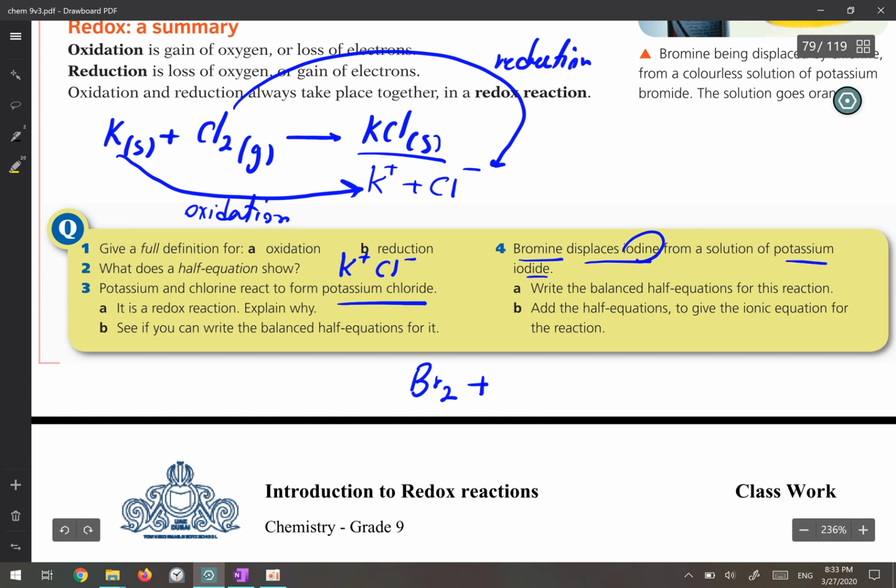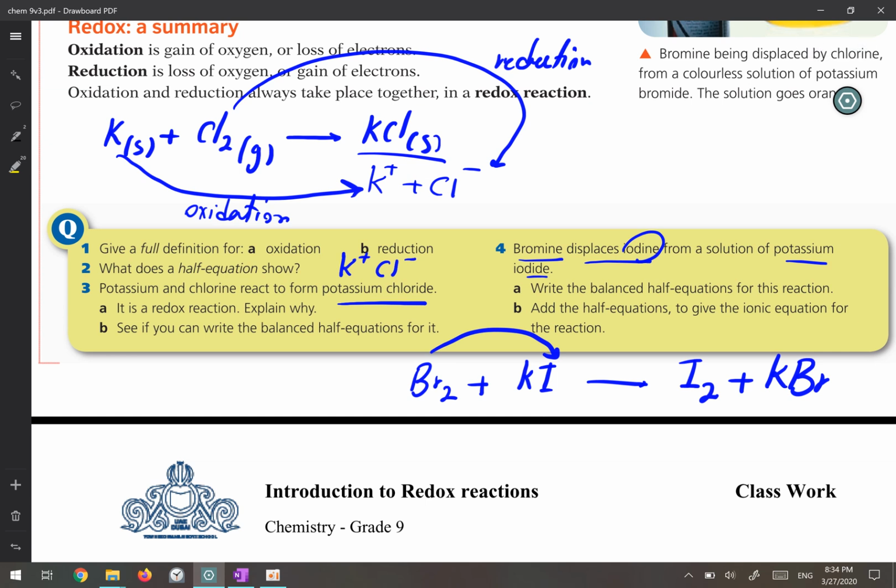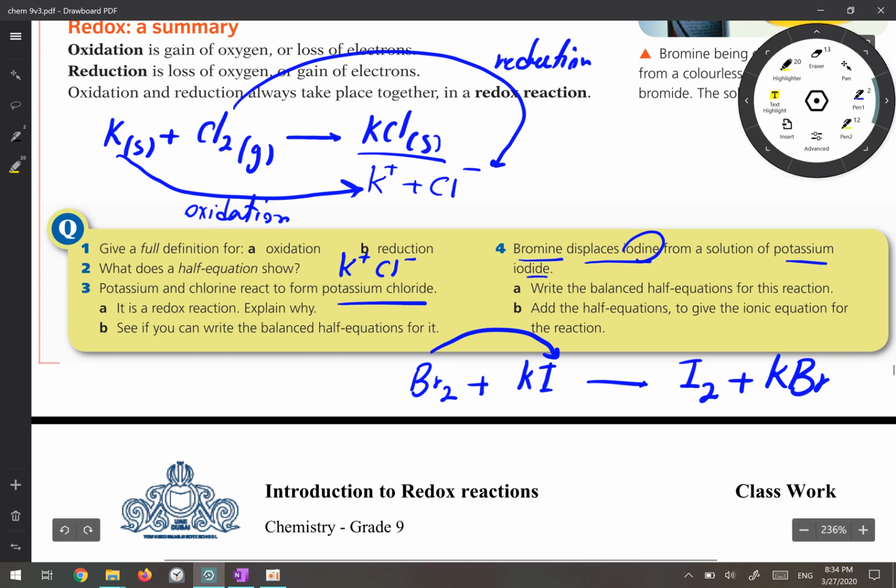So you have a solution of potassium iodide. The bromine displaces this one. What happens if it displaces this one? Iodine comes out of the solution, it becomes I2 plus KBr. This is the equation that I have here. Okay, so one more time, what happens here?